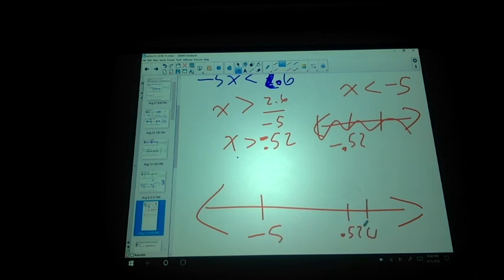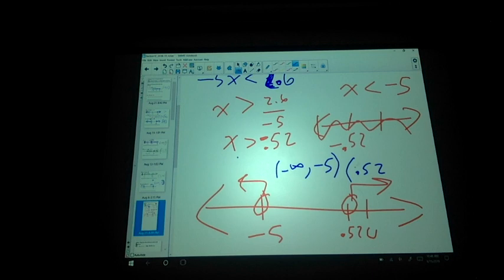All right, I think we can do this now. So I have an open dot going this way from here. I have an open dot going this way from here. So the interval notation will go from negative infinity to -5, and from negative 0.52 to infinity.